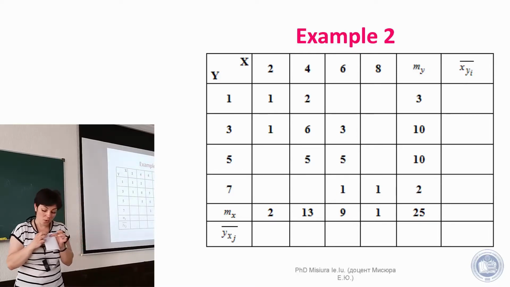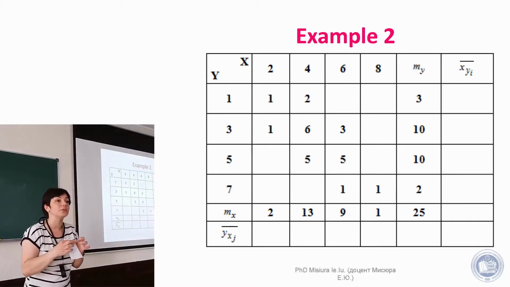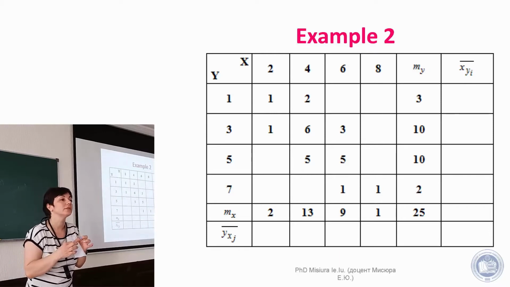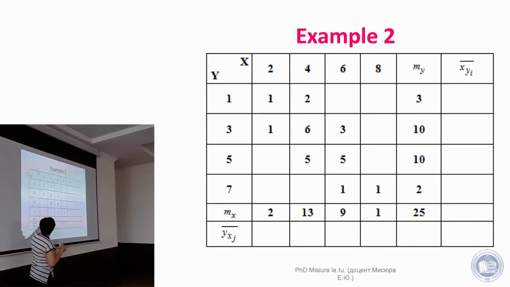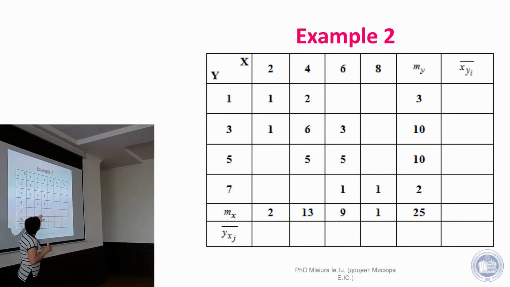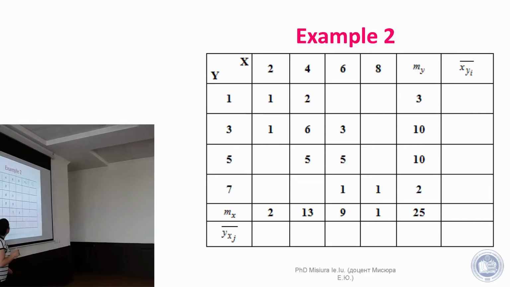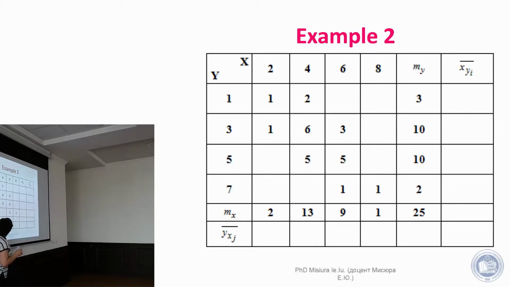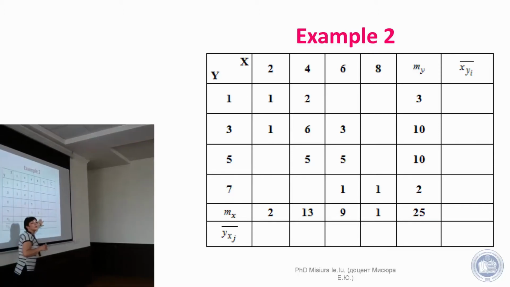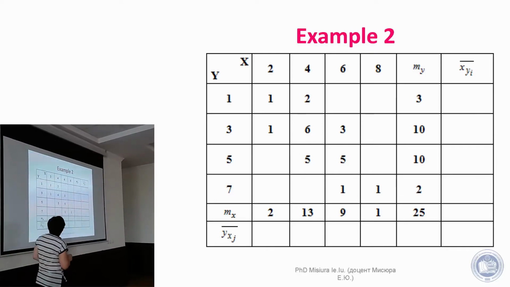Okay, next. 1 is repeated 2 times, 6 is repeated 6 times, and 5 is repeated 5 times. Next, 2, 6, and 5 make 13, next, 9, next, 1. If we have 9, 13, 2, 39, and 1, let's call it the total number. How many elements? 25. Okay, let's continue.